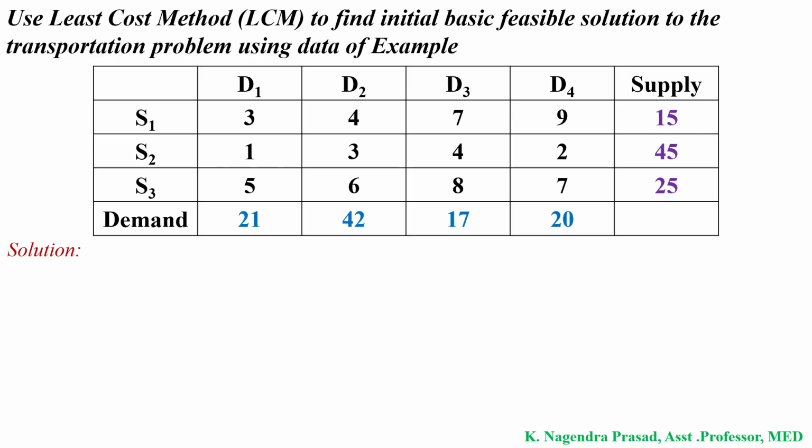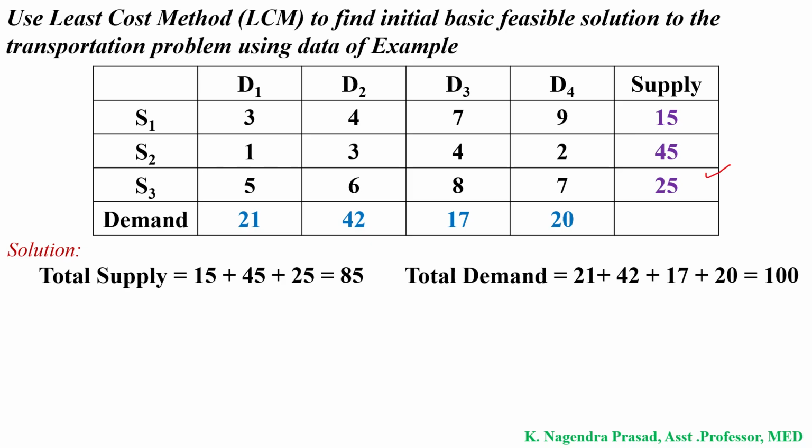Let's see the solution. First, we have to check whether the given transportation problem is balanced or not. Here total supply is 15 plus 45 plus 25, which is equal to 85, and total demand equals 21 plus 42 plus 17 plus 20, which is equal to 100.